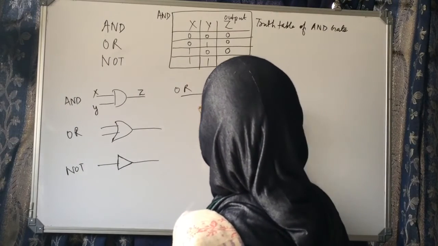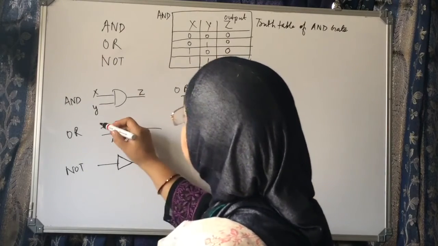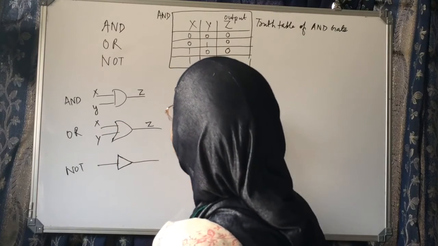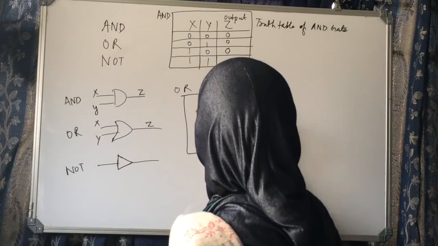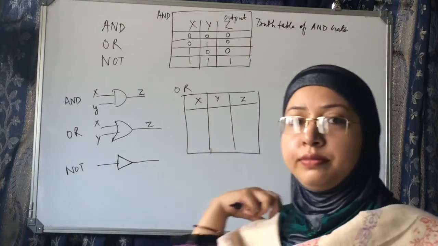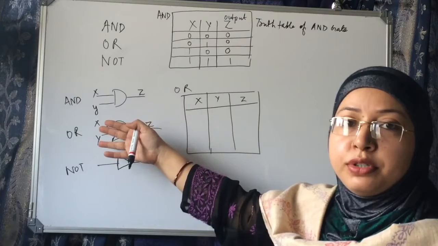Now we'll see truth table for OR gate. And again assume that the inputs are x, y and the output is z. Here also we are having only two inputs.